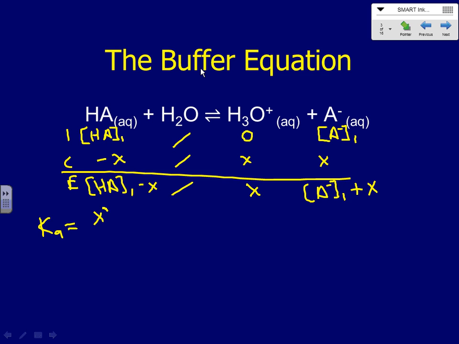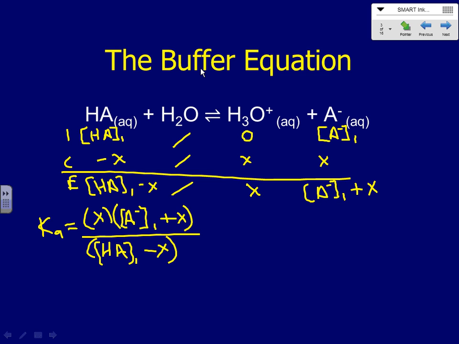This is going to be X, and this one is going to be conjugate base initial concentration plus X, and here I'm going to have weak acid initial concentration minus X.